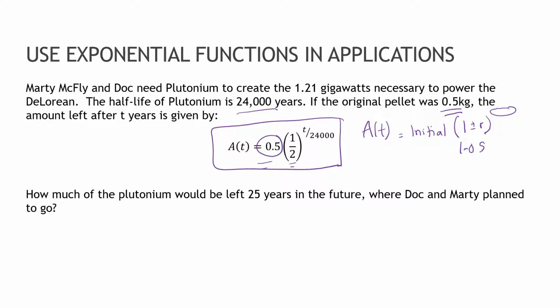How much of the plutonium would be left 25 years in the future? So again, T is how many years, and we're saying 25 years in the future where Doc and Marty plan to go. So I'm going to be basically plugging in 25. So 0.5 times 0.5 to the 25 divided by 24,000.